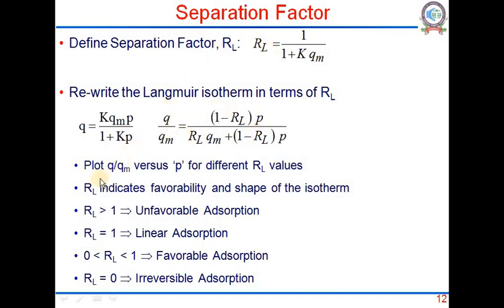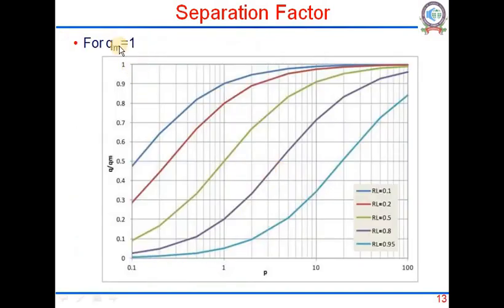So now if you plot Q by Qm versus P for different RL values, this is what you will typically see. Let's say Qm is some value, say 1. You will find for different RL values the adsorption isotherm behaves like this. If RL is 0.1, the adsorption isotherm behaves like this.